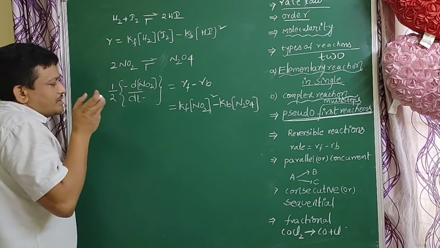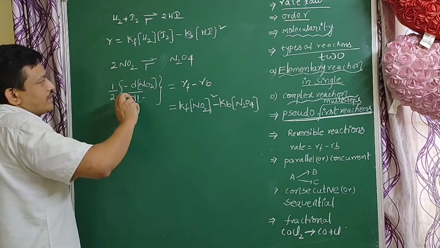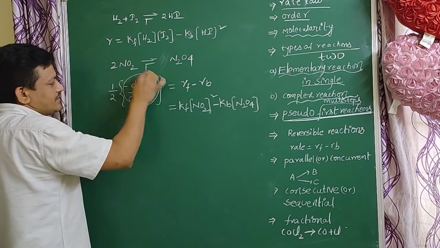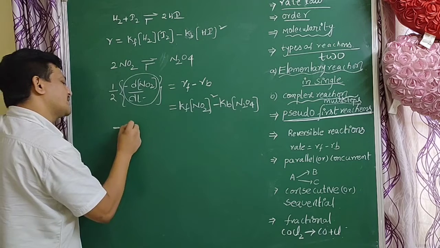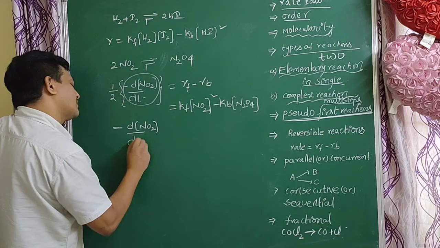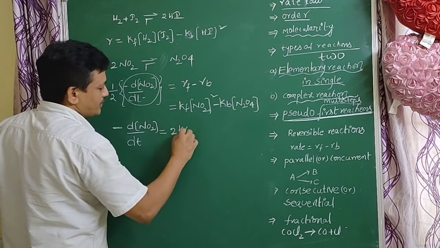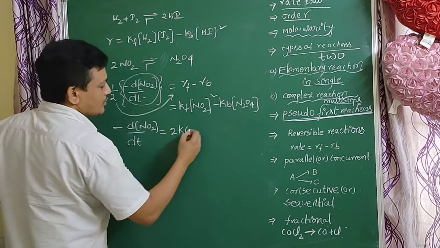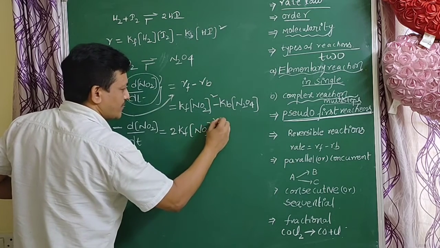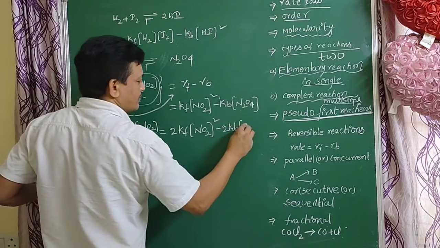Sometimes they ask in the bits, what is the rate of disappearance of NO2? The rate of disappearance of NO2 means minus d[NO2] by dt, what is that? It equals 2 into Kf, the 2 sent to this side, 2 Kf into [NO2] whole square minus 2 Kb into [N2O4].